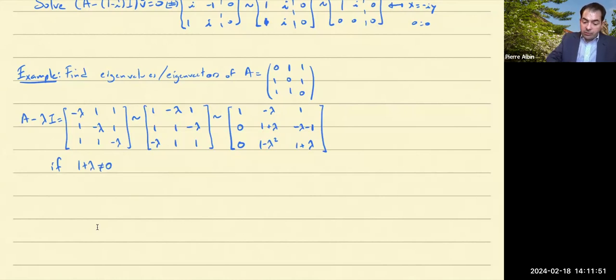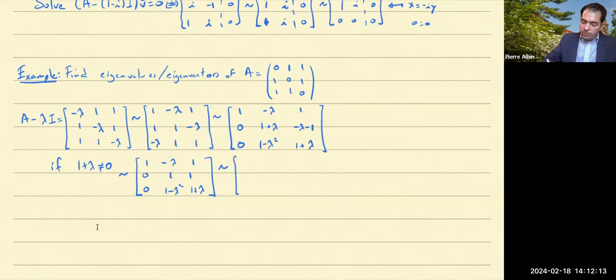Then with this matrix, I can do a row operation. If it's not equal to 0, then I can divide by it. So I just divide the second row by that, and I end up with this. Okay, and now I can use this 1 to clean up its column.